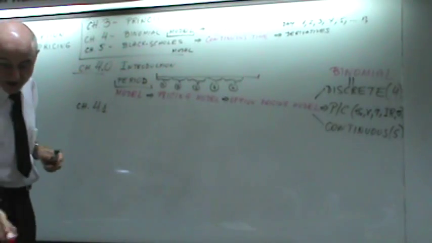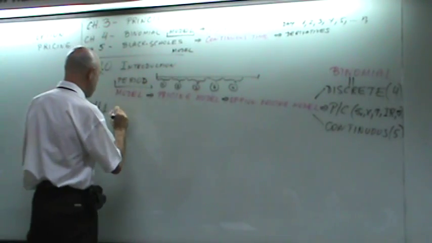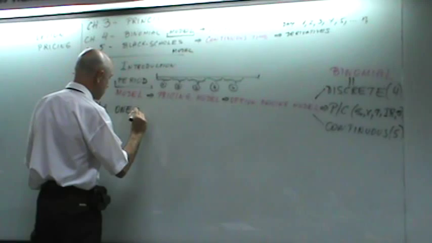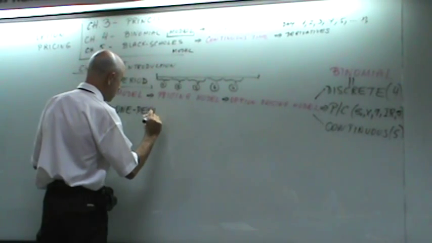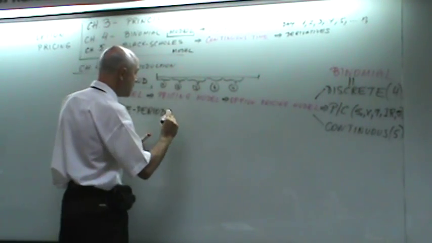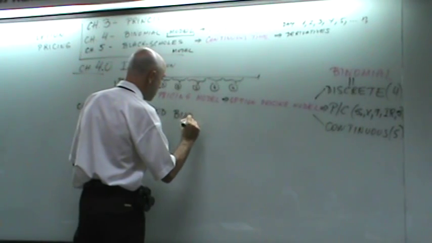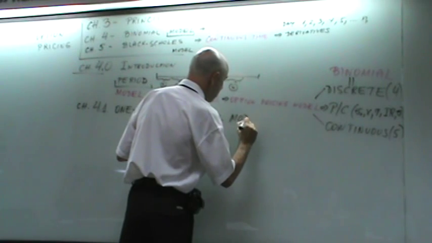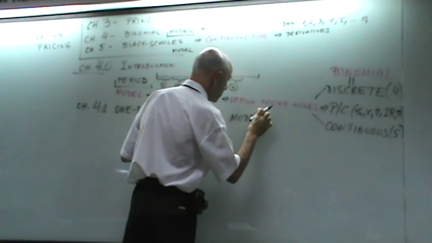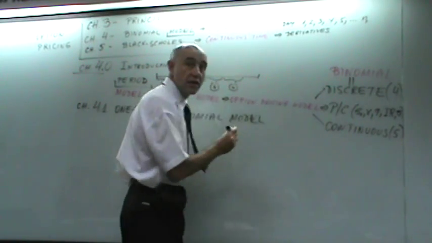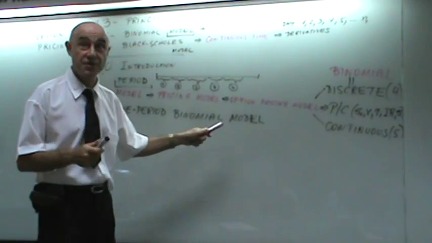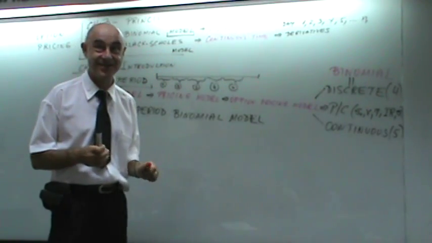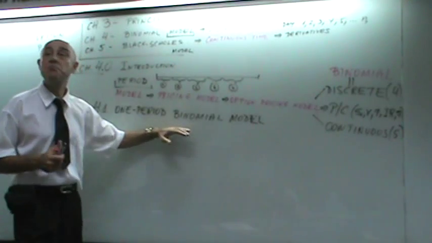So, section 1 is one period binomial. Are you zooming in? No? Or not zooming in?